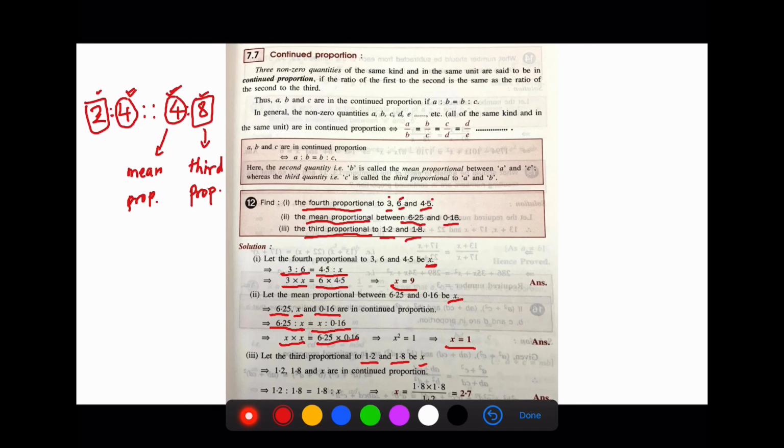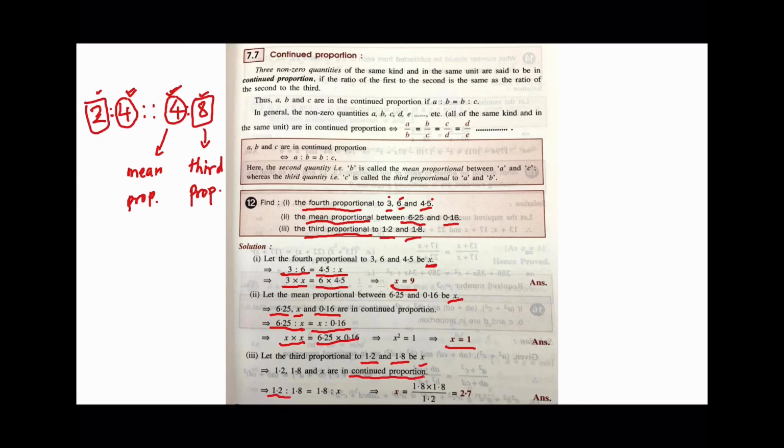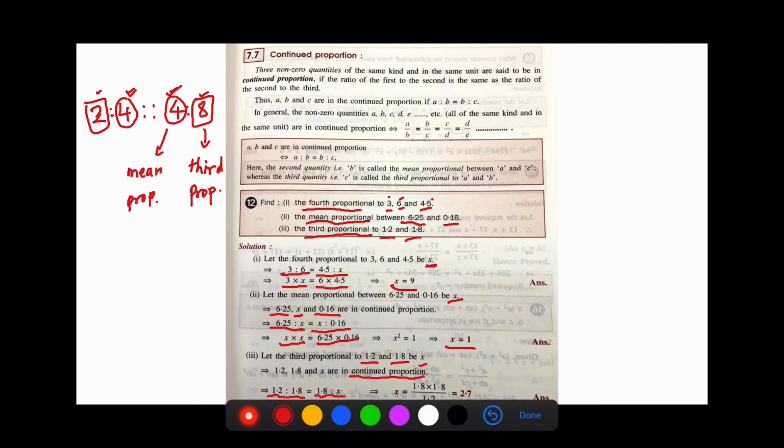So these three numbers are in continued proportion. So I can say that 1.2 is to 1.8 is equal to 1.8 is to x. So again, using the property that the product of the extremes is equal to the product of means, I can find the value of x and that would come out to be 2.7.